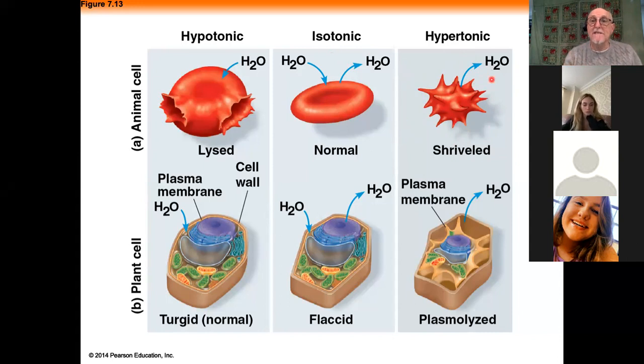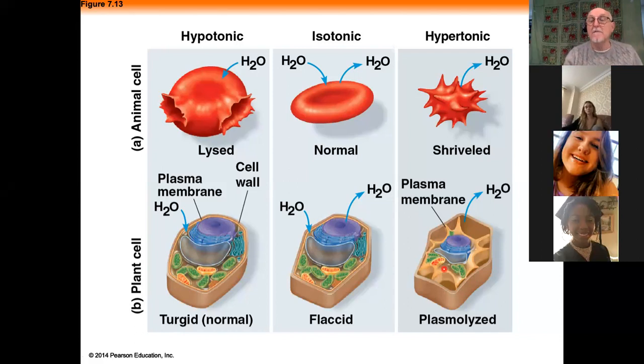In both plants and in prokaryotes, this is also a very dangerous situation because the cell membrane pulls away. Remembering, plants and bacteria are the two things that have cell walls. The cell pulls away from the cell wall as the cell shrinks. And that's very dangerous. If it's not restored quickly, the cell will die.